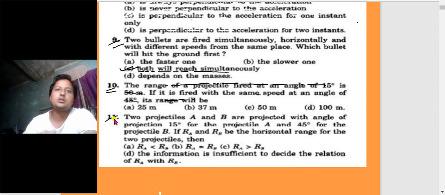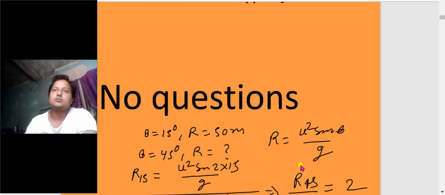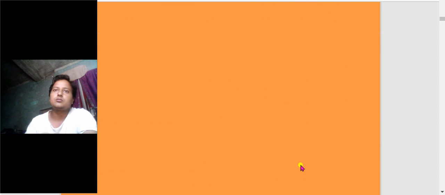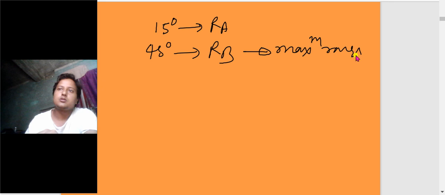Now the last question is question number 11. Two projectiles A and B are projected with angle of projection 15 degree for projectile A, 45 for B. We have to compare range. We know 45 degree range is RB, as this is the maximum range condition.